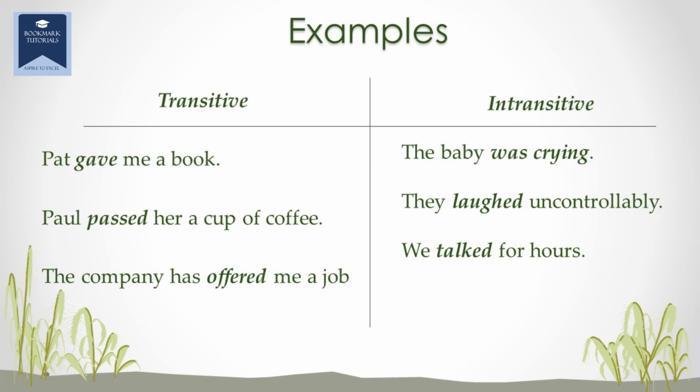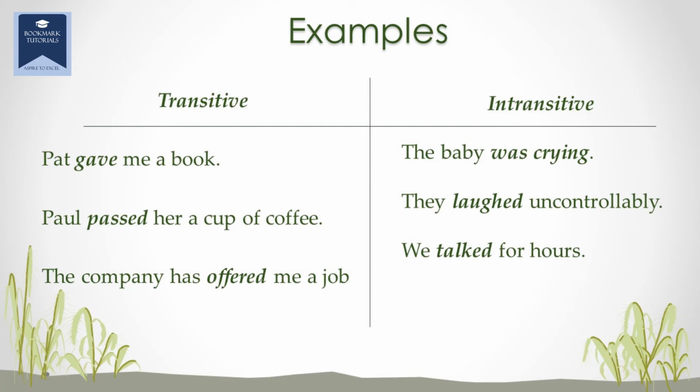Now let's look at another sentence. The baby was crying. Was and crying are both verbs. A main verb and an auxiliary verb are used here. But we can see that this sentence does not have a direct object. We have the subject, which is the baby, and the verb or verbs here with no direct object.